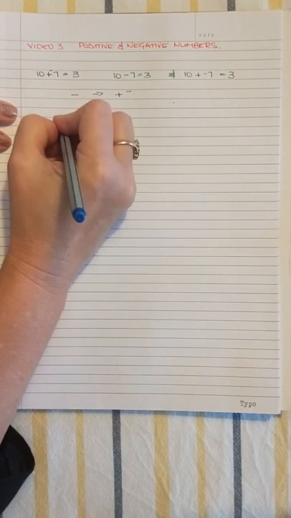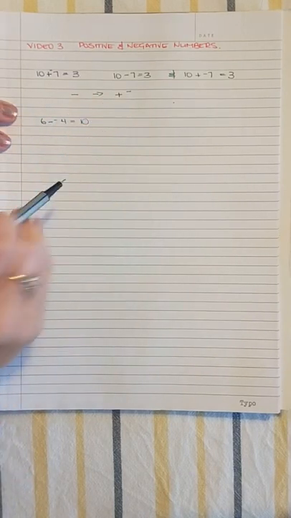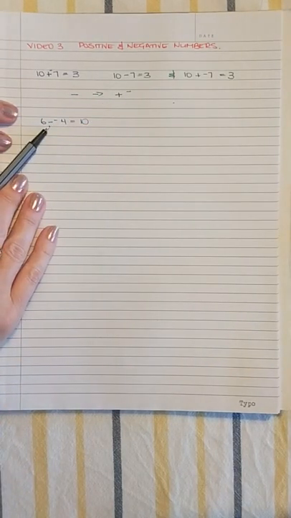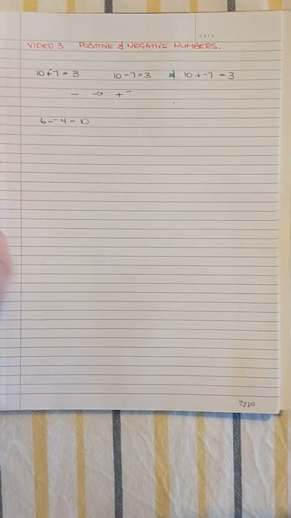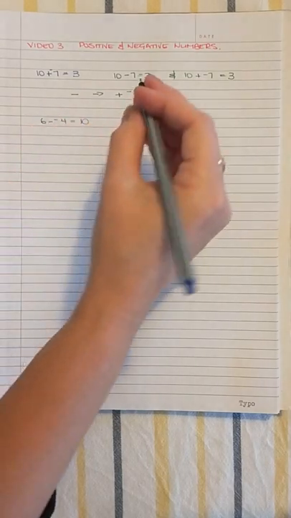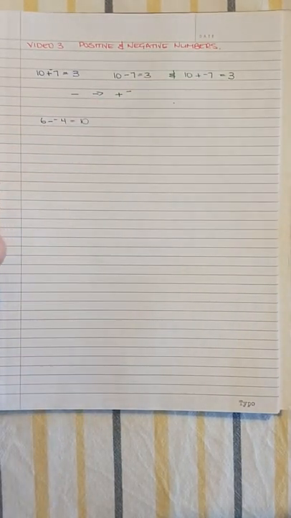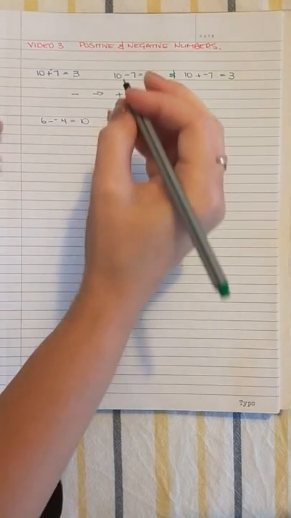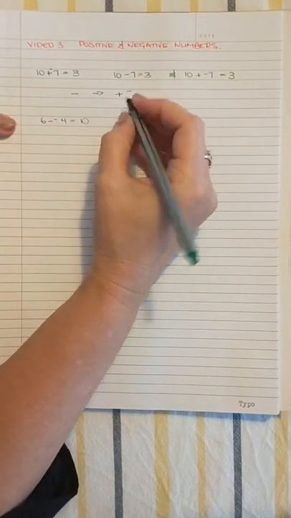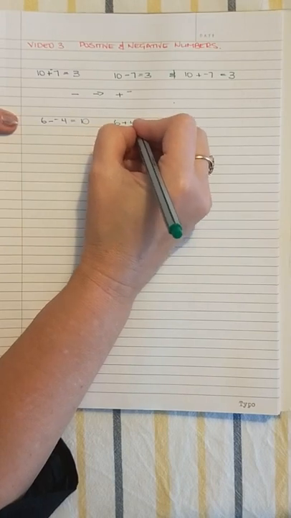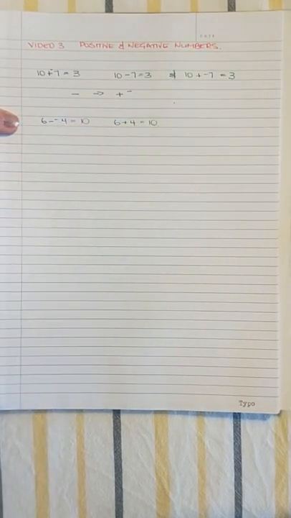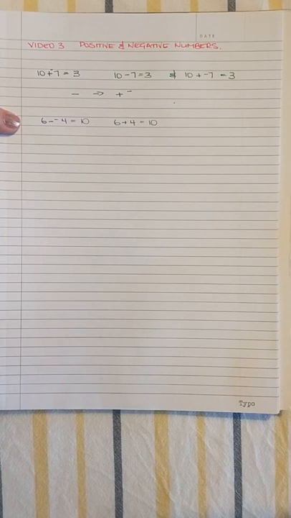6 minus negative 4 equals 10. Do you see what I mean about having a double negative? 6 minus a negative number causes a lot of confusion. But if you just know and remember that a double negative in the middle of this kind of equation is actually just the same as adding 6 plus 4 equals 10, okay?